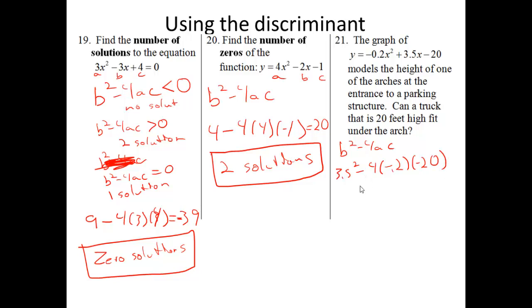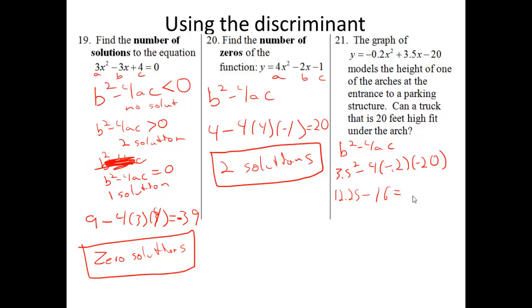So we're going to see here that 3.5 squared is 12.25 minus negative 4 times negative 0.2 times negative 20 is positive 16, so minus 16.